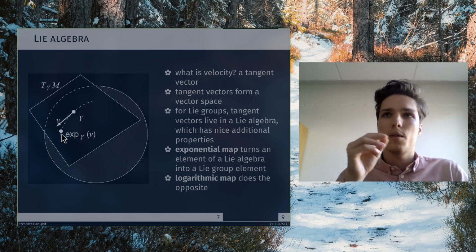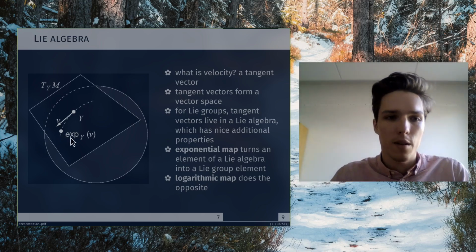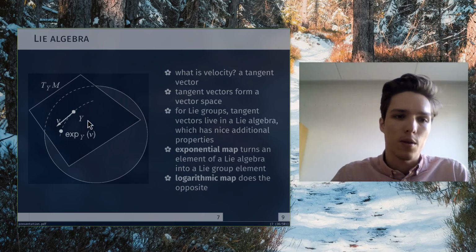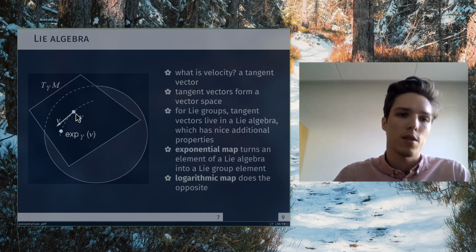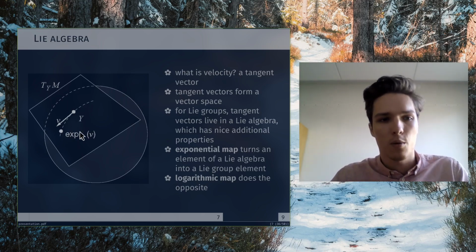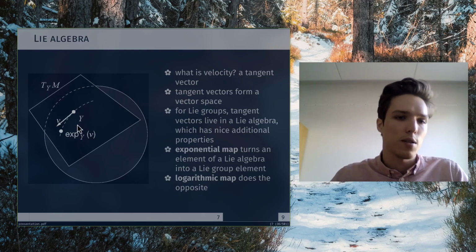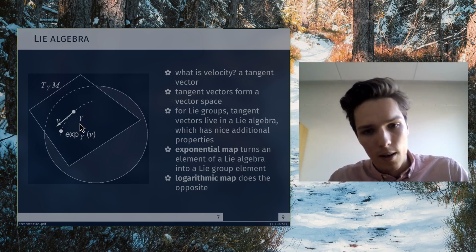Okay, so it's a bit more involved than just adding, but you can do the exact same thing by leveraging the fact that this is a group structure and that we know some additional things about it. For example, if you go into the mathematical depths here, you would be able to say that on Lie groups this exponential map is always defined, which is not true in general, and so on and so forth.